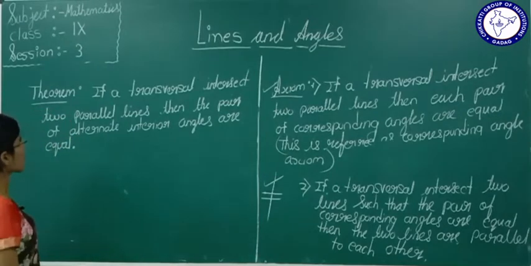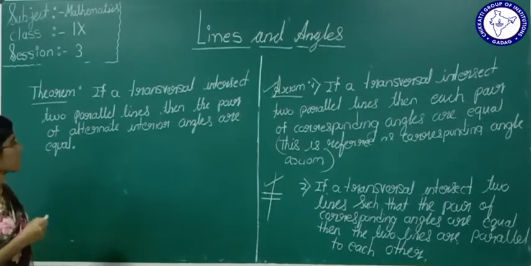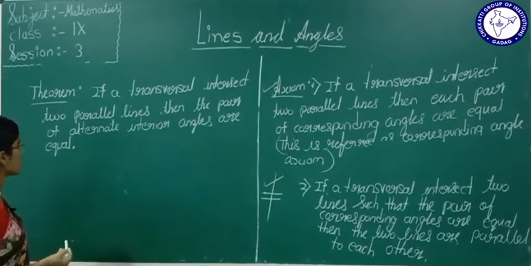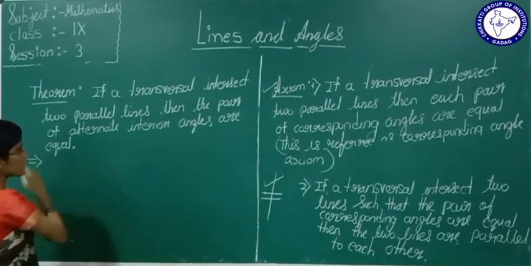The theorem tells us that if a transversal intersects two parallel lines, then the pair of alternate interior angles are equal. So now we will see the proof for this.